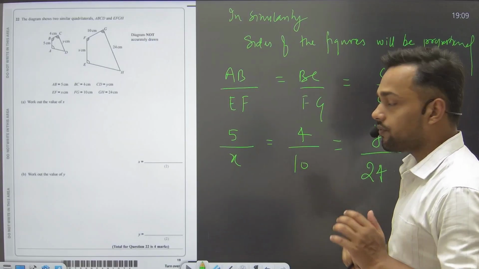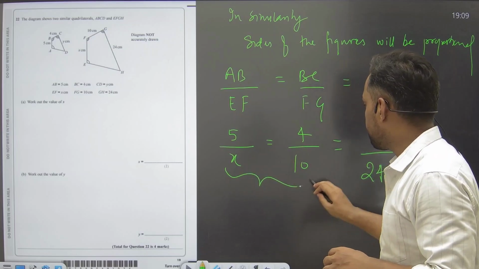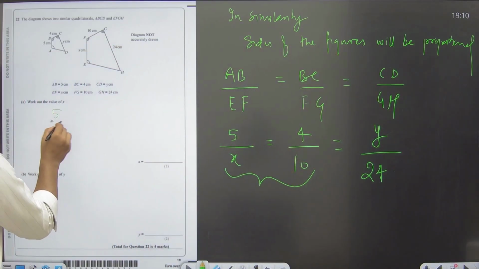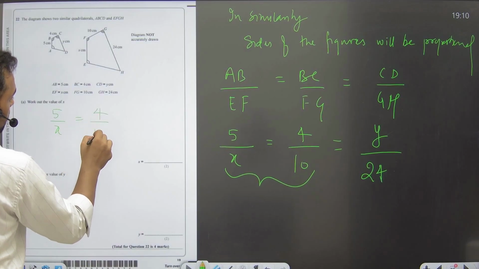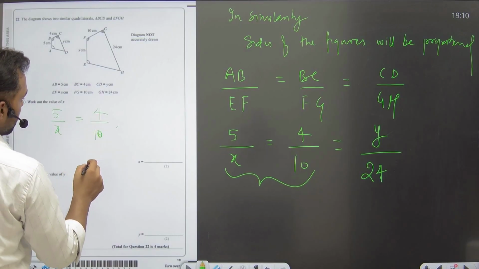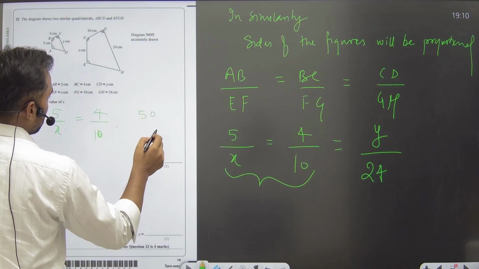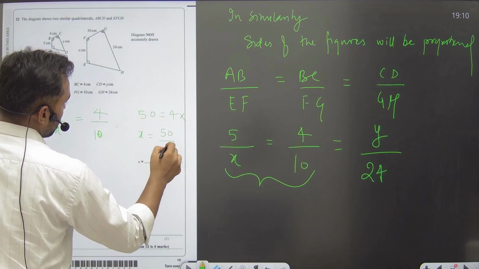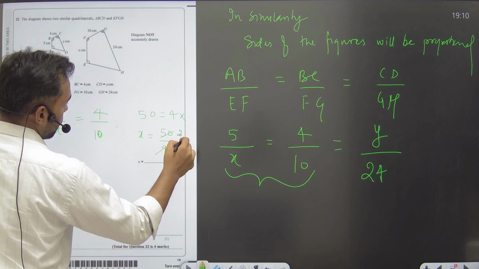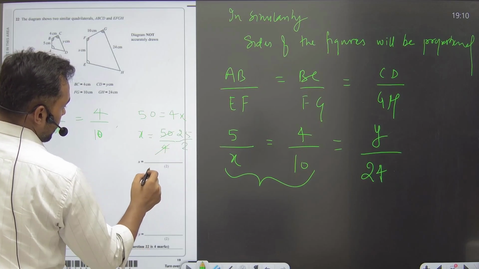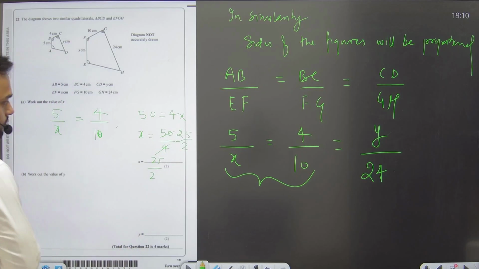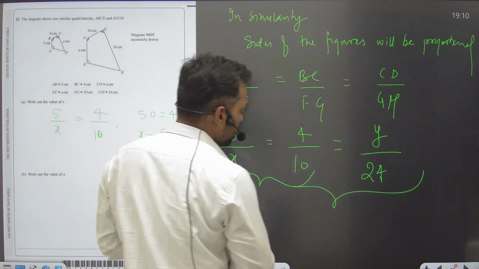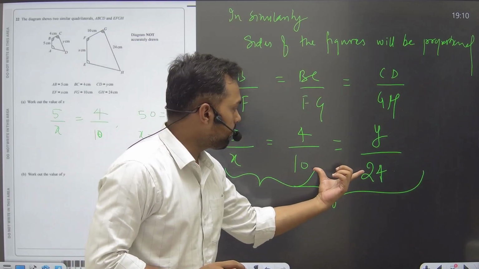First we need to operate this part. So 5 by X is equal to 4 by 10. After cross multiplication you will get 50 equals 4x. So x will be equal to 50 by 4, that will be equal to 25 by 2. So x here is 25 by 2. Now for the y part, again we need to take these two fractions.